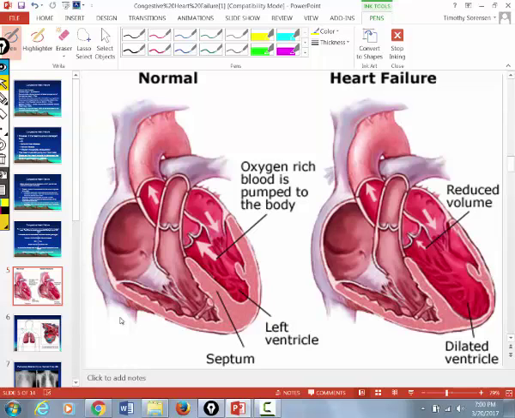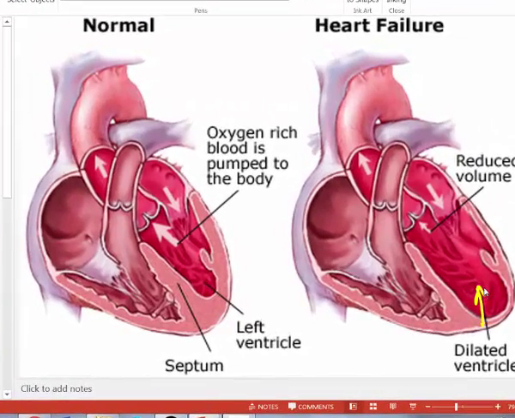Now, listen up, because this is true. When you overstretch the left ventricle, there are specialized cells that release into the blood a hormone called BNP, brain natriuretic peptide. The reason it's called brain natriuretic peptide is it was first isolated in sheep's brains, but it is released by overstretched left ventricular cells.